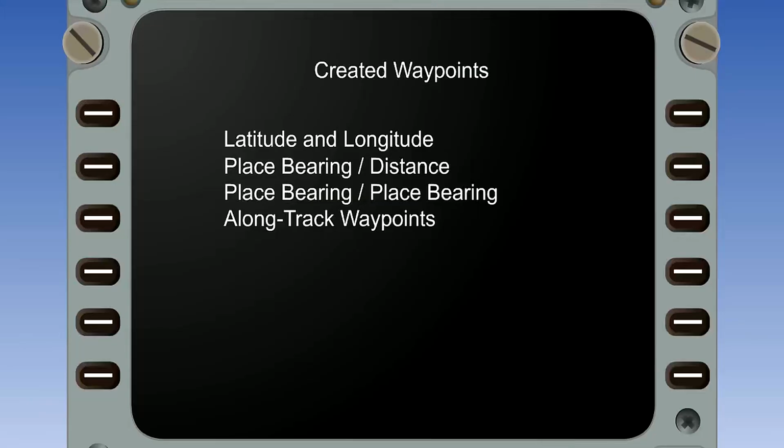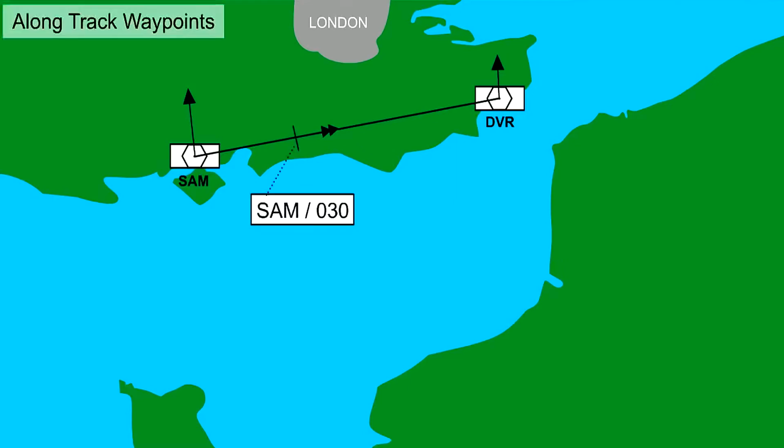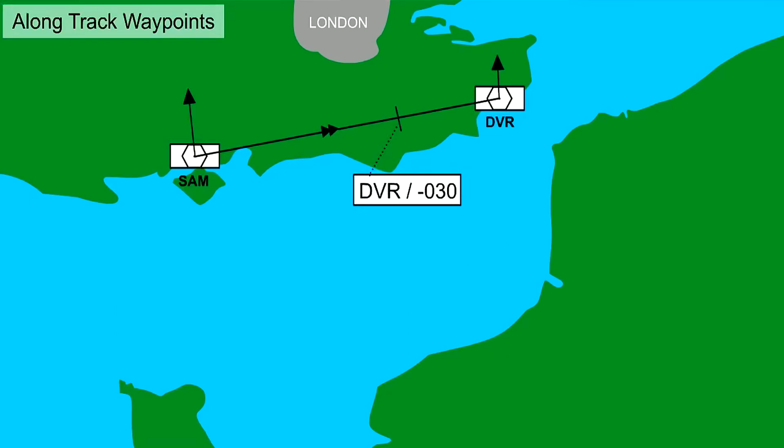Finally, there are along-track waypoints. If the route, for example, is a direct track between Southampton and Dover, then Sierra Alpha Mike 030 means 30 nautical miles along the route after Southampton. And Delta Victor Romeo 030 means 30 nautical miles before Dover.